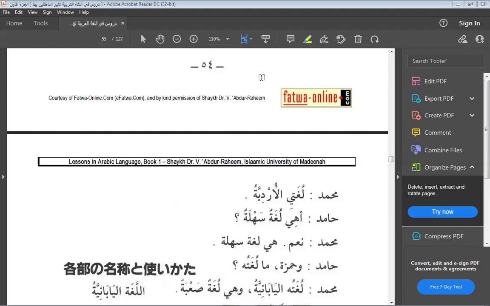But from 3 to 10, let's note these rules. The number must go against the enumerated thing, the thing you are counting, in terms of gender. Please, let's note this. Numbers from 3 to 10, if you are counting something, the number must differ from the thing you are counting in terms of gender.